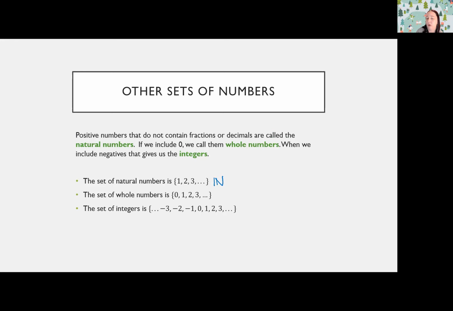If we want to include 0, that's called the whole numbers. I don't know of a specific symbol for that. And we have the set of integers, where we throw in the negatives, but none of these have fractions or decimals. The integers have a Z with the middle being a double line.